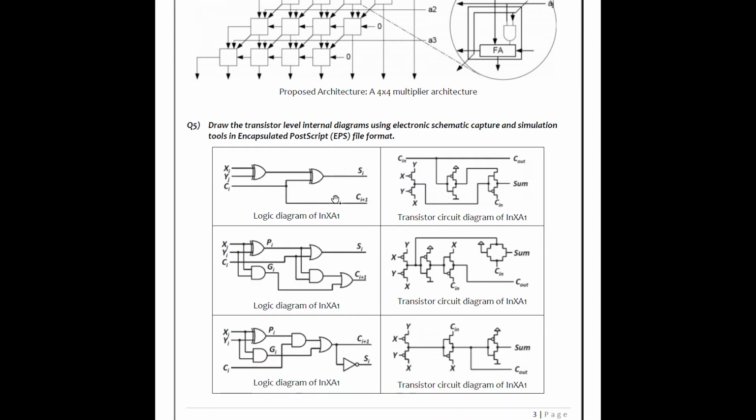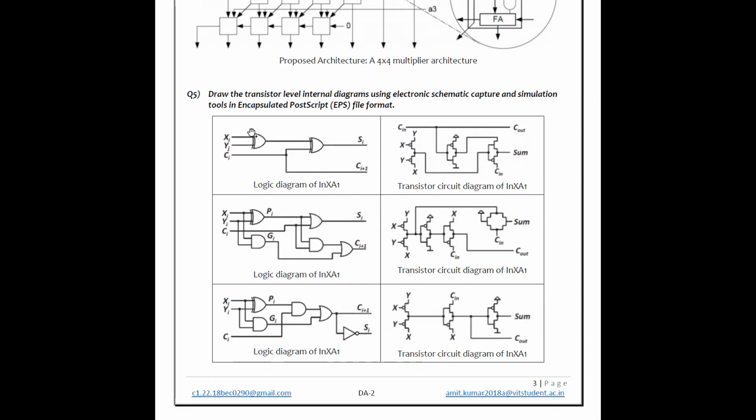Coming to the fifth question, in this we have to draw the transistor level internal diagrams using the electronic schematic capture. Here I have drawn the logic diagram of in XA1.